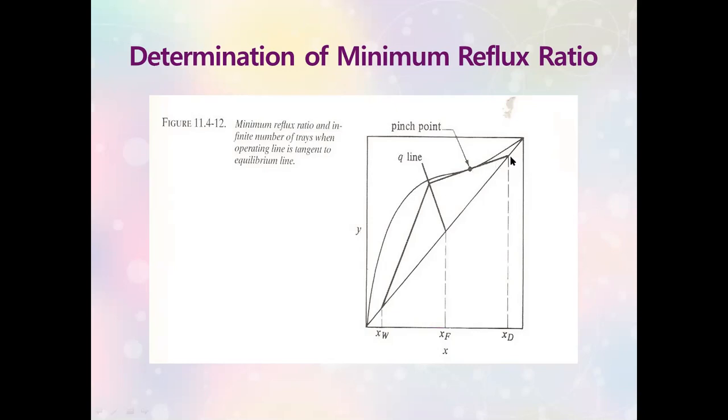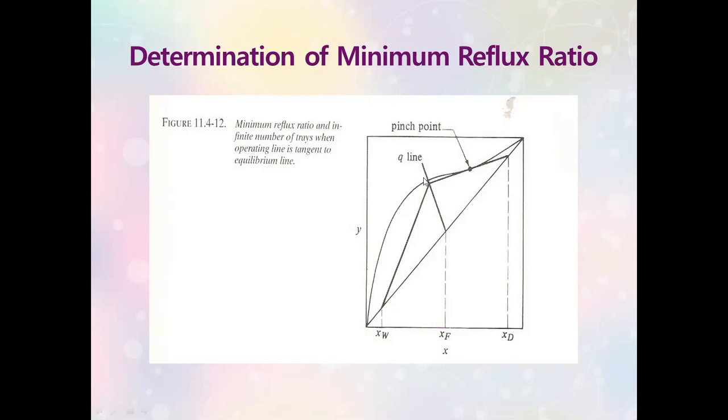The goal of this is, by the way, why did we move your enriching section operating line here? We tried to move it so that it will coincide with this pinch point, or with this point where your feed line intersected your curve. So that's the purpose. When you do that, it will go beyond this particular point, and you can't draw an enriching section operating line which is already beyond this tangential point on the curve.